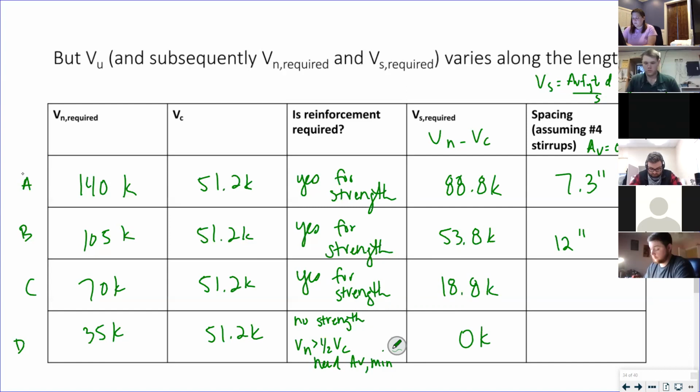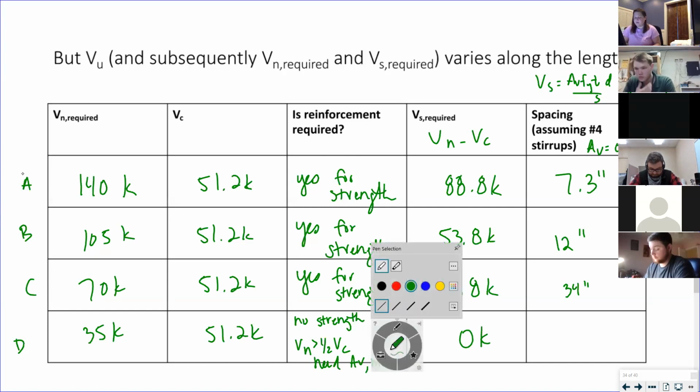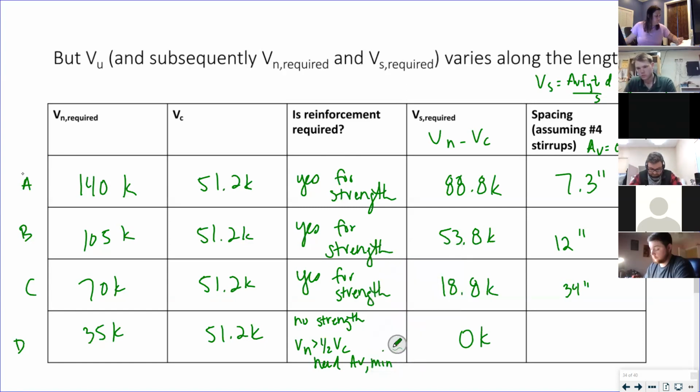Inches. This is based on strength requirements, right? 34 inches, but this is based on strength requirements, and I just said earlier that, which I deleted, that my maximum spacing was D over 2, or 24 inches.